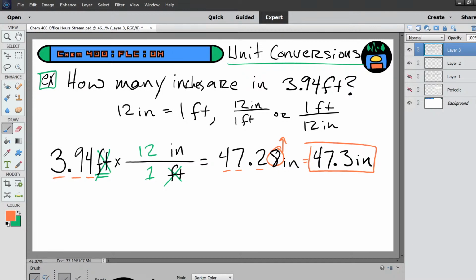All right. Now you may be asking, wait a minute, Josh. 3.94 has 3 sig figs, but 12 looks like it has 2, and 1 foot looks like it has 1. So why didn't we round our answer to 12 or 1?